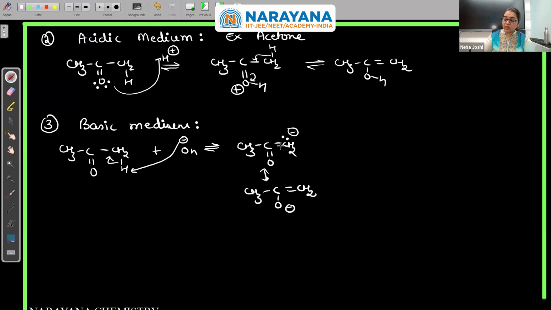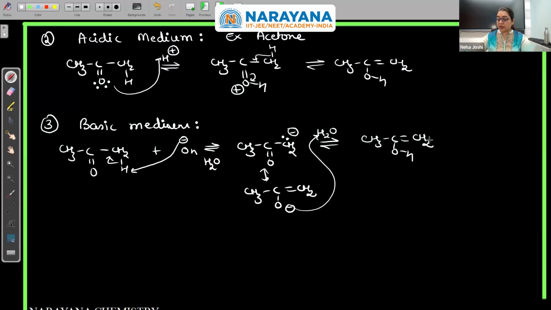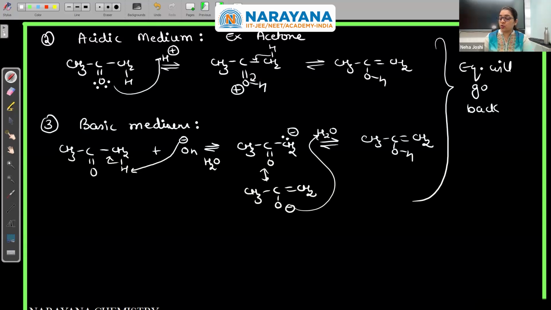See, O minus and CH2 minus. CH2 minus is a better base. So definitely the reaction will go backward. It will attack water and neutralize. But what if this attacks as a base and we get enol? So yes, you can get it, but in both mechanisms, it is very clear that equilibrium will go backward in usual conditions.